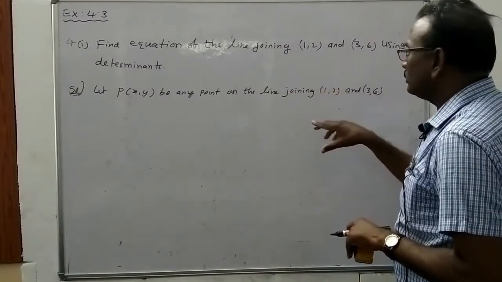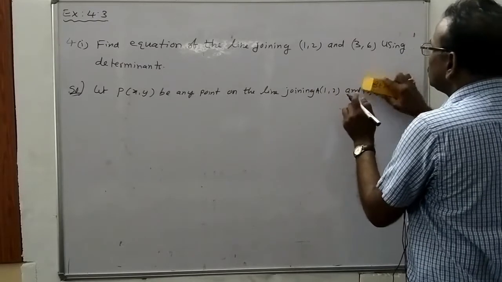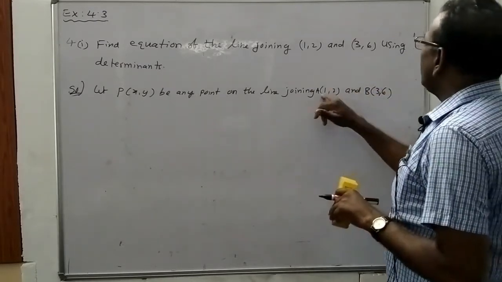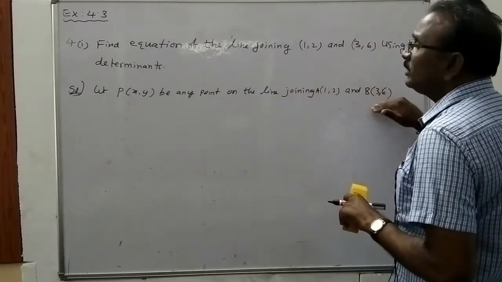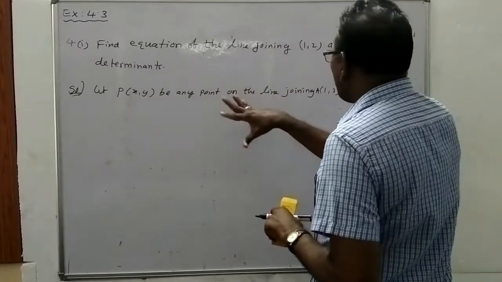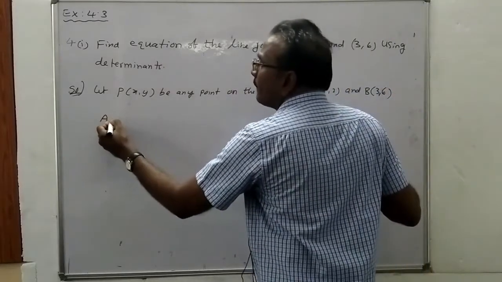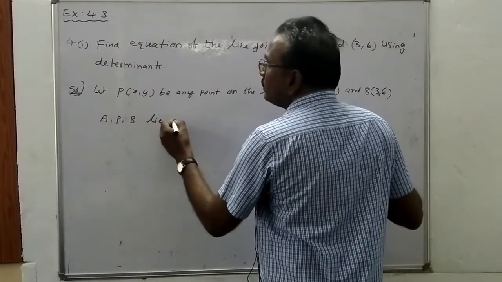A and B are the 2 points, this is the line joining A and B, and P is also a point on the line AB. Therefore A, P, B lie on the same line.